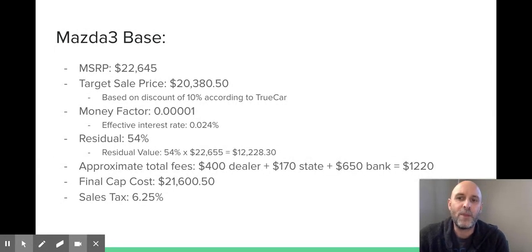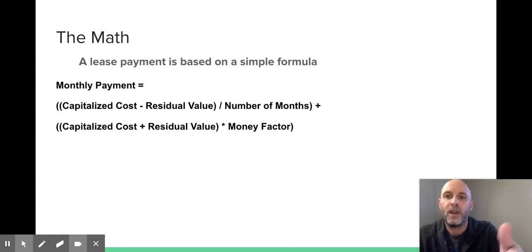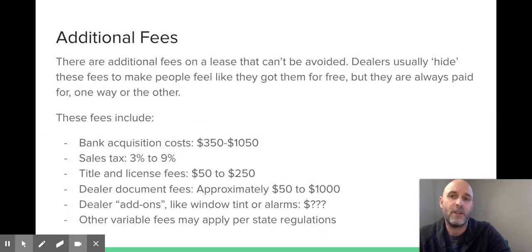It also depends on how many miles per year you want. People talk a lot about thinking that miles are purchased, or that you pay 10 cents up front. Really what happens is that if you want fewer miles, the residual goes up. So if we go back to that formula, the residual value going up will lower the price in this math.